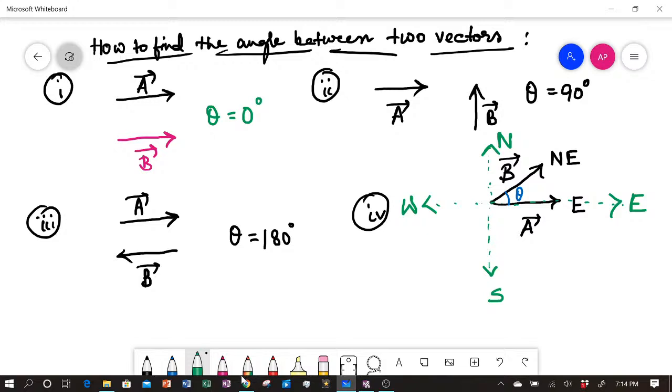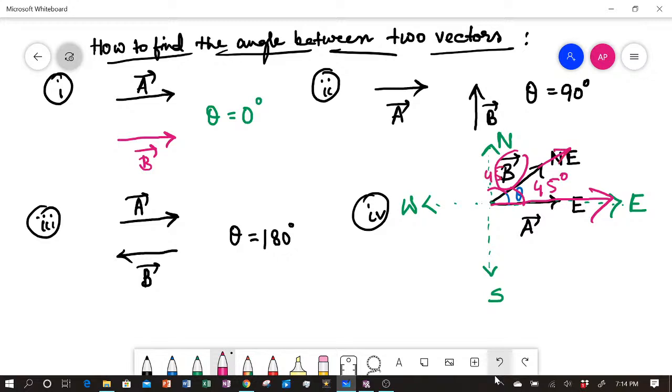See, when you are informed that this B vector is along northeast direction, it means that the angle between this B vector and the direction eastward is 45 degree, and the angle between northward direction and B vector is also 45 degree.